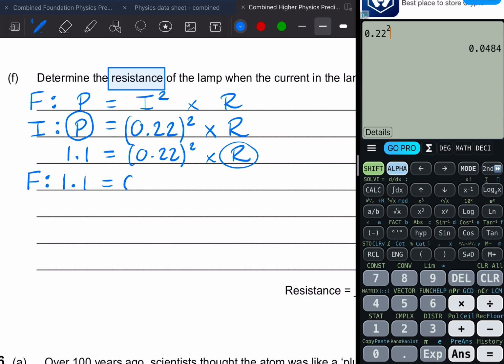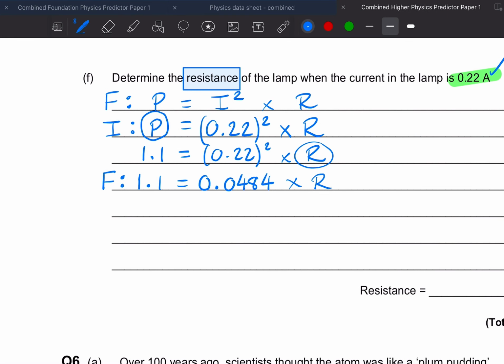That would be 0.0484. I just like to check that both ways. So rather than using the squared function, we'll do 0.22 times by 0.22, and we get the same answer. So pretty confident of that. Times by R.